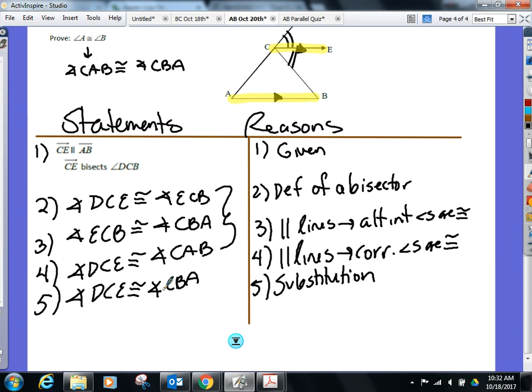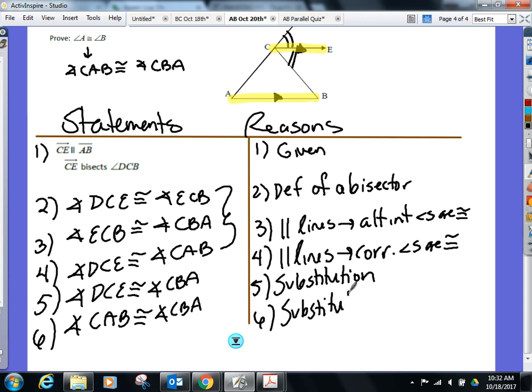Now let's involve statement 4. I have DCE equal to CAB, and I just wrote down that DCE and CBA are congruent. So again, substitution will tell me angle CAB will be congruent to angle CBA. And that is a second substitution. This cannot be done using just one substitution.